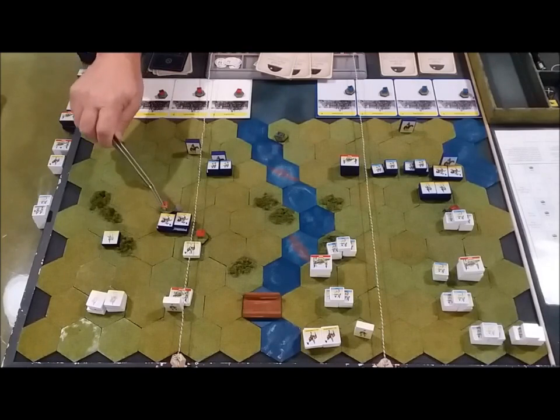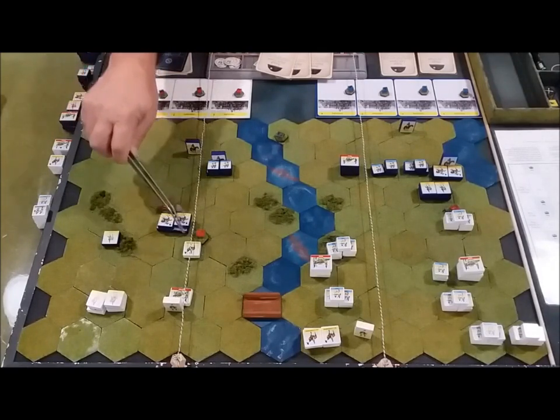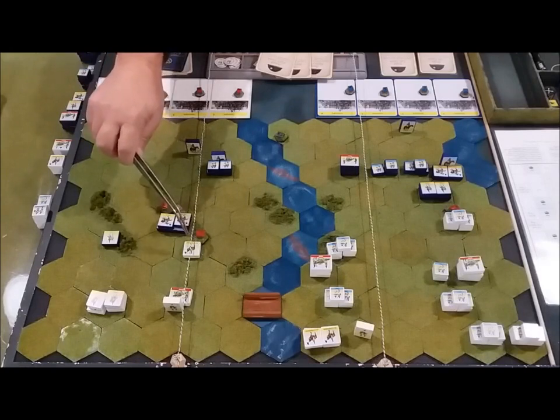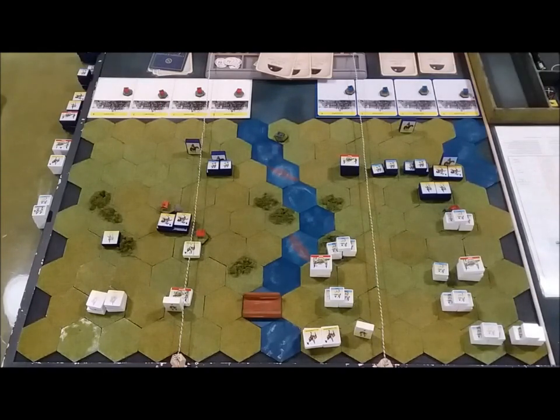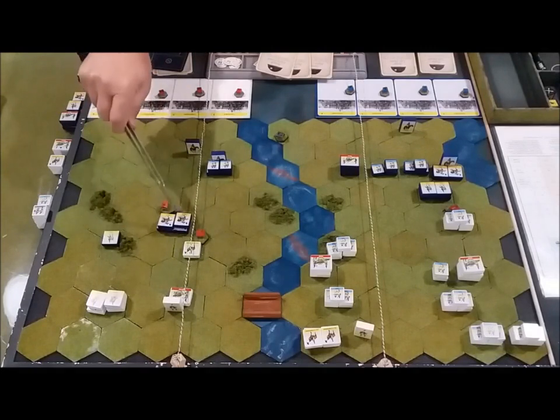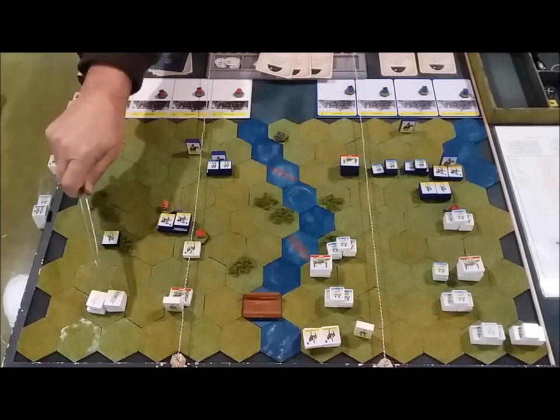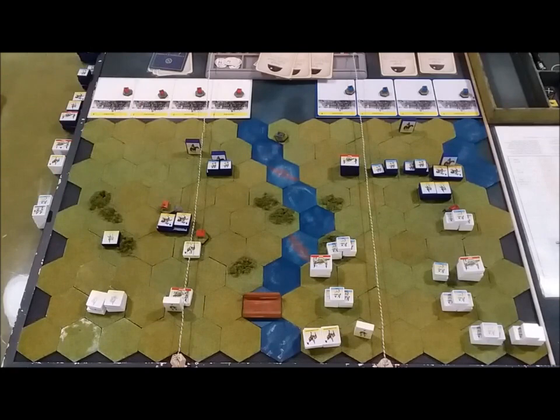Okay, so if we try to kick this guy out, we're going to be attacking with 4 minus 3 into the town, I believe. Yeah, so we're only going to get 1 die in there. But we'd be then consolidated there. And there's no way that the horse artillery is going to move these, and there's very little chance of the light moving them as well.